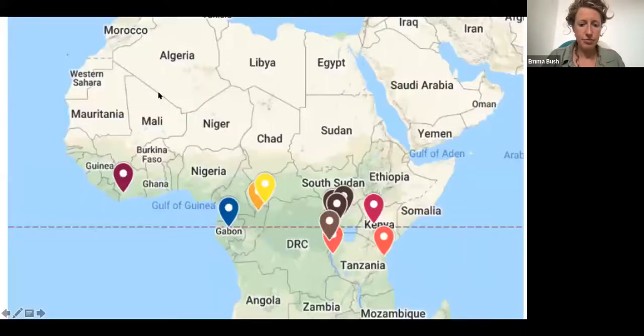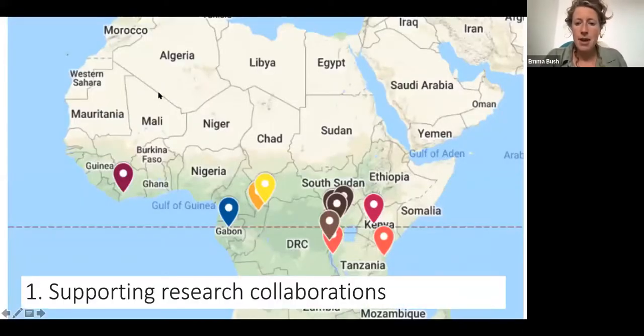So just to recap, the main aims of the African Phenology Network are to support research collaborations. We have some history of this in publishing first inter-site comparisons of phenology for tropical trees, but there's so much potential here for developing research collaborations between sites.